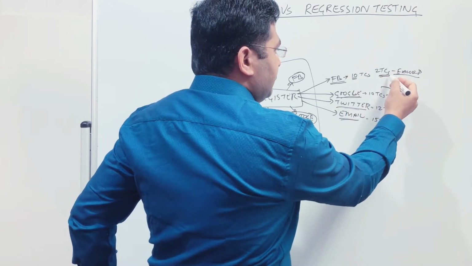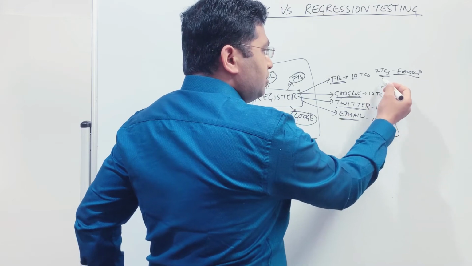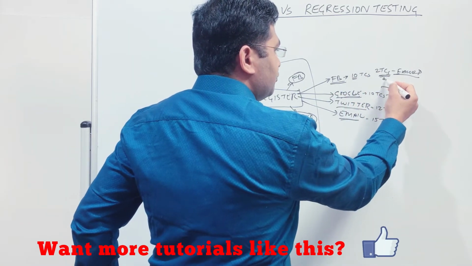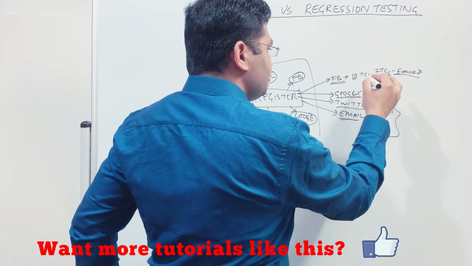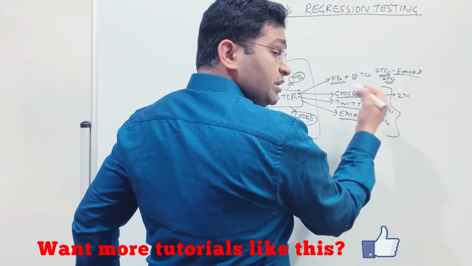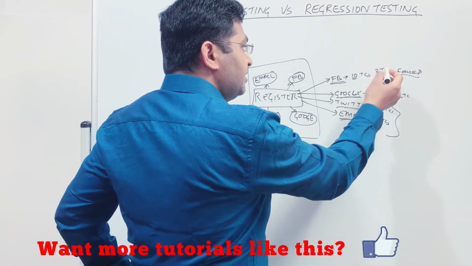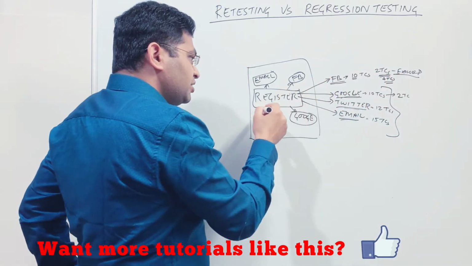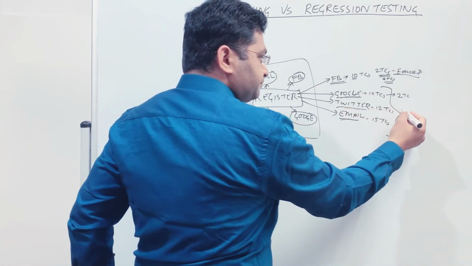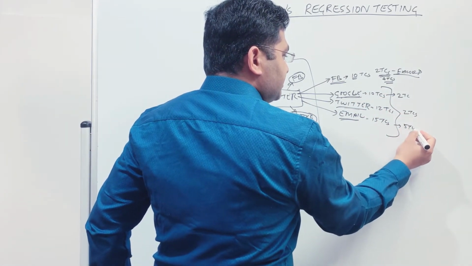So I'll pick two test cases for Facebook that failed, and I'll pick a couple of other critical test cases. So say, for example, 4 test cases I want to execute in the Facebook functionality, 2 test cases for Google, just to ensure that Google registration still works because of the new code fix that has come into the registration module because of the Facebook defect fix. And then say 2 test cases for Twitter and 5 test cases for email.